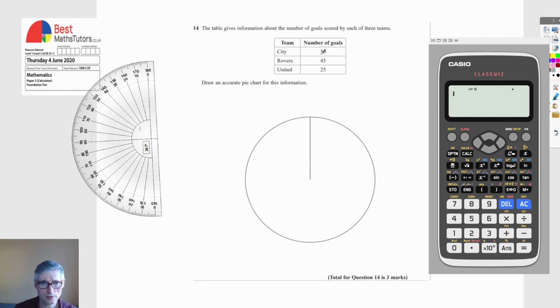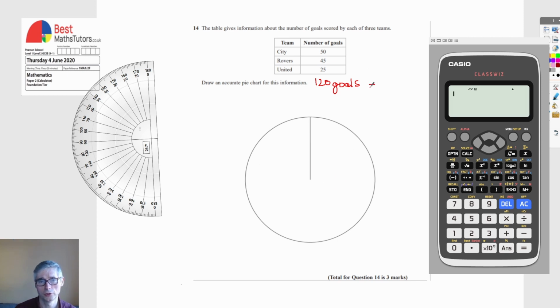So the first job is actually to add up the number of goals. If we add 50, 45 and 25 together, we can see that we've got 120 goals. And we know that those 120 goals would be represented on the pie chart by the total angles within the circle.